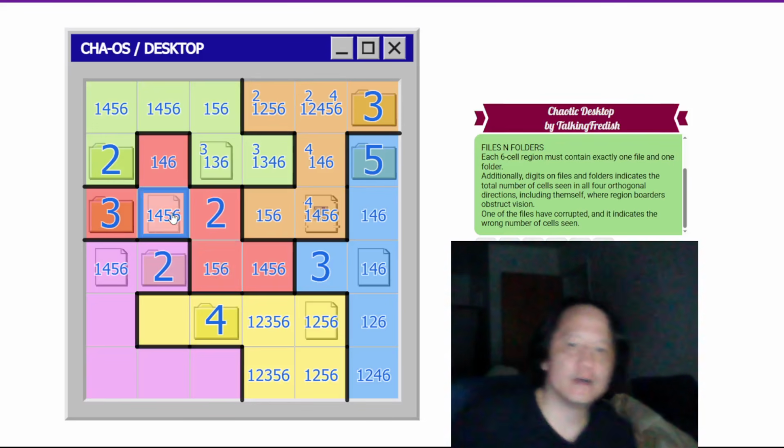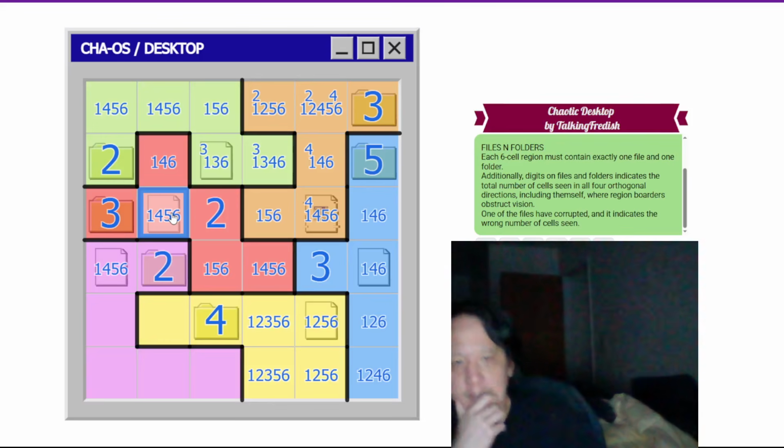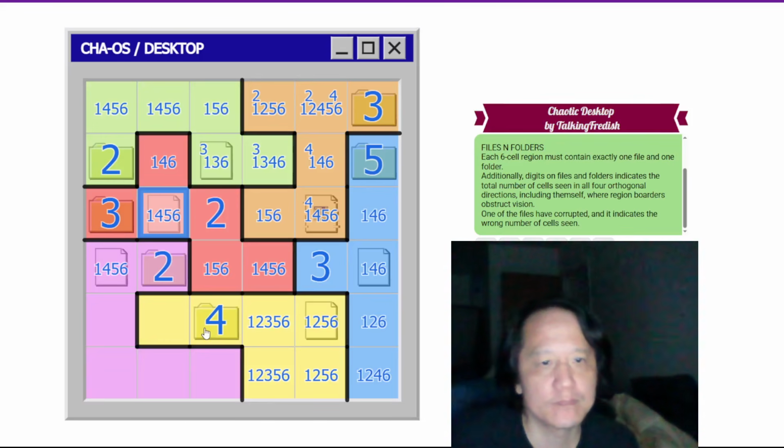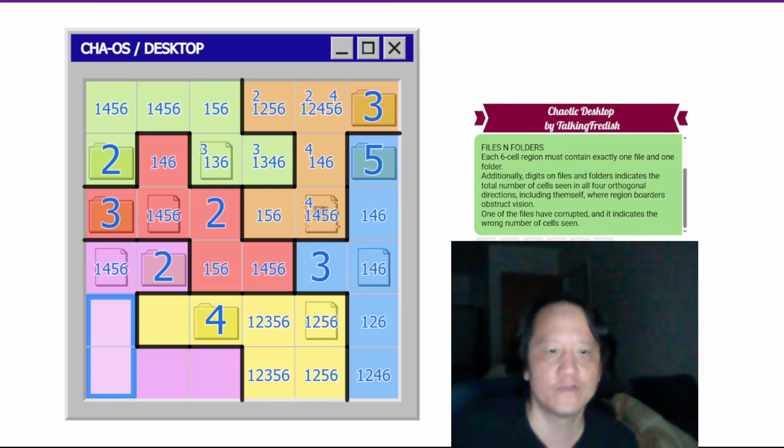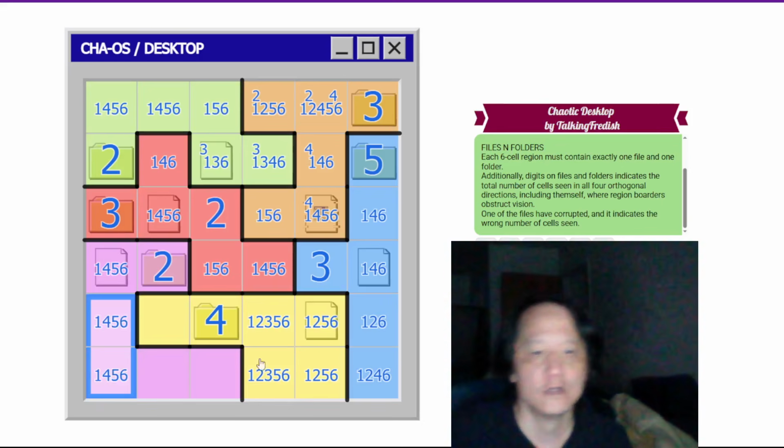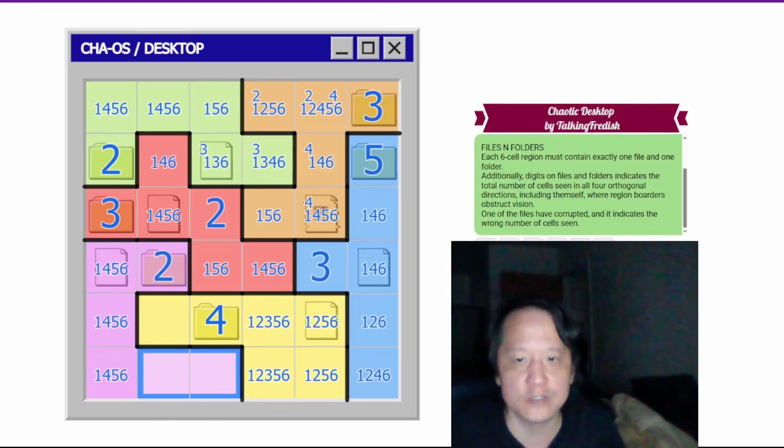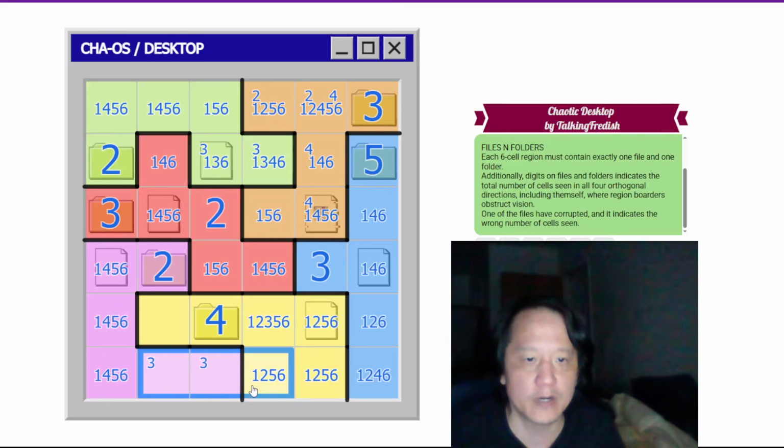One of the files is corrupted. Three cannot be here. So this is 1, 4, 5, and 6. So 3 has to be one of these digits here. That eliminates 3 from the rest of the box.